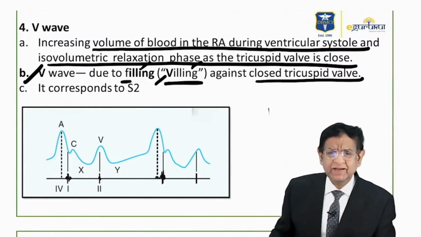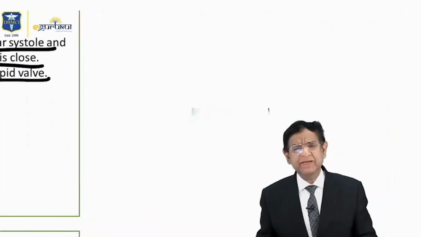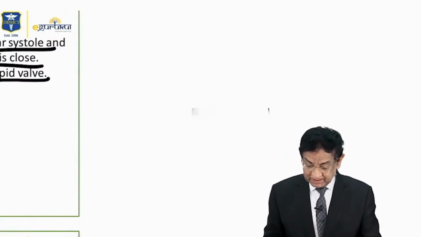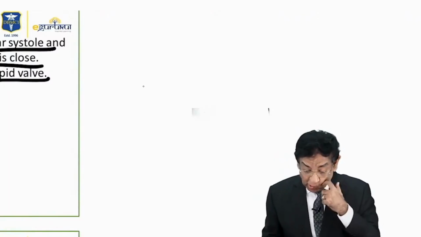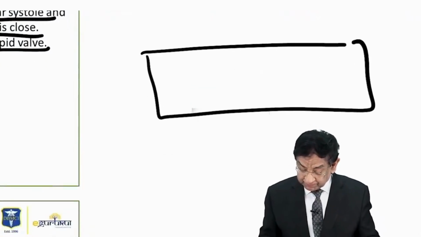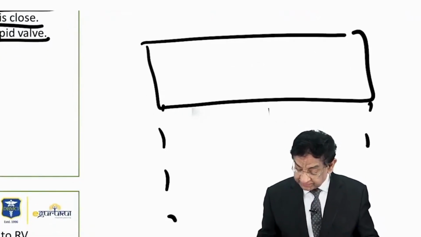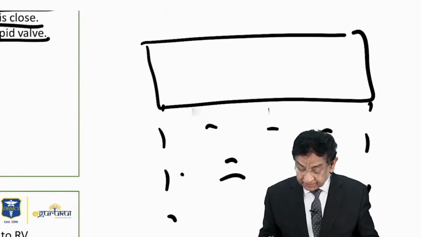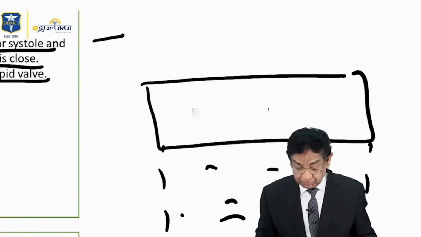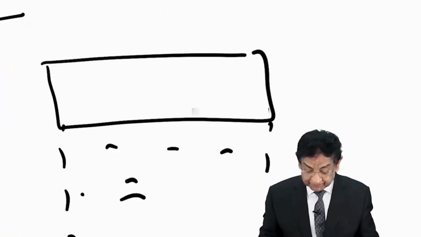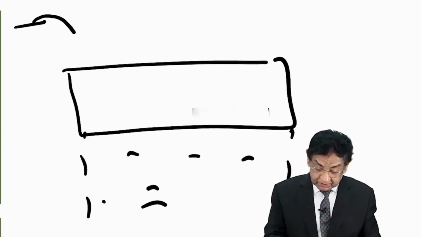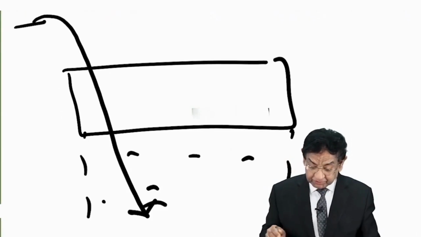Sir, can you give me a day-to-day example? Yes. This is a swimming pool. Oh, nice. Swimming pool. Water is here. And you jump. I'm sure many of you do swimming. You go to the swimming pool, you jump, you go deep into this.